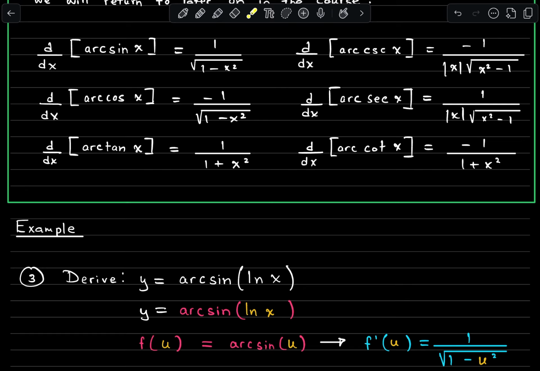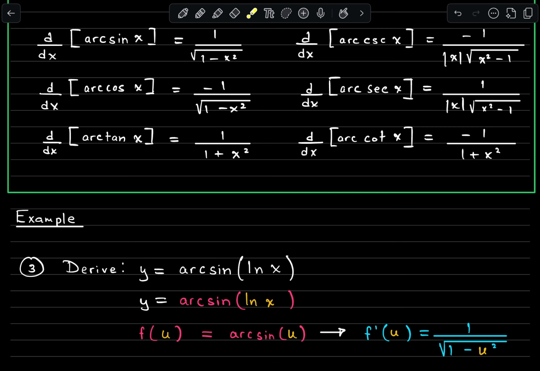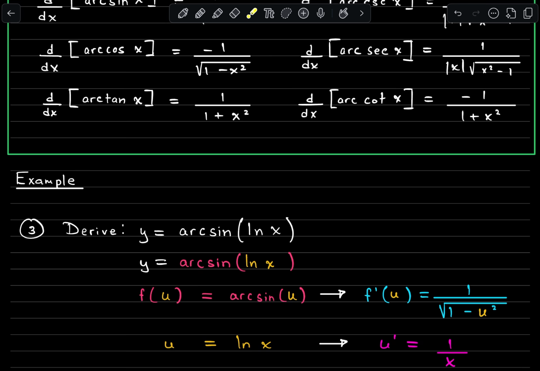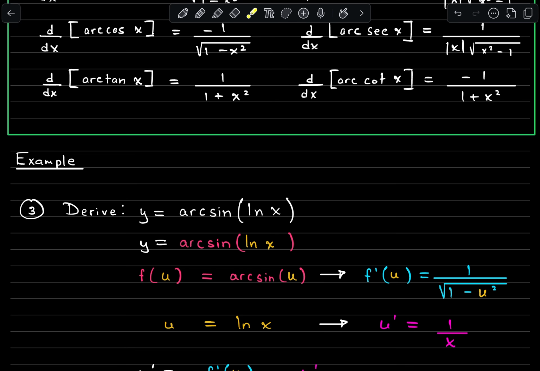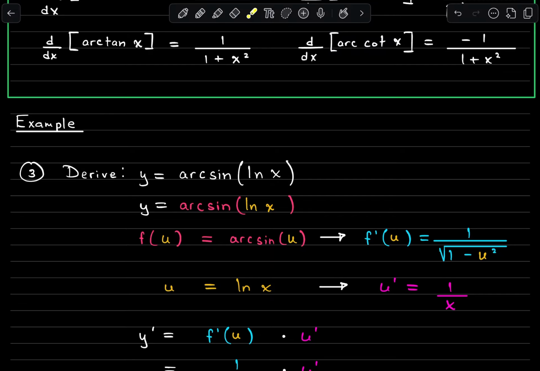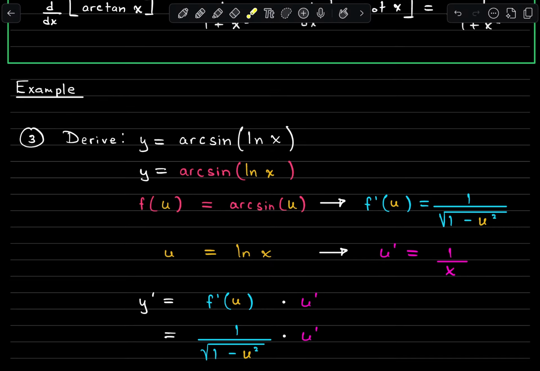Its derivative, f prime of u, is going to come out to 1 over the square root of 1 minus u squared. So I'm just applying that with u in place of x. U is equal to natural log of x. Its derivative is 1 over x. For y prime, we just multiply our derivatives together. Derivative of the outer function times derivative of the inner function.